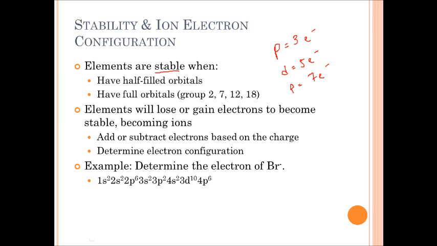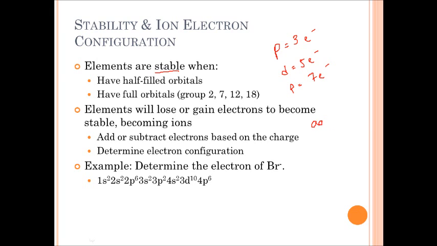Now, like I said, atoms are going to lose or gain electrons to become more stable, and when they do this, they become ions. The best way to figure out the new electron configuration is to either add or subtract electrons based on their charge. That means you move on the periodic table to the new element that has the same number of electrons.